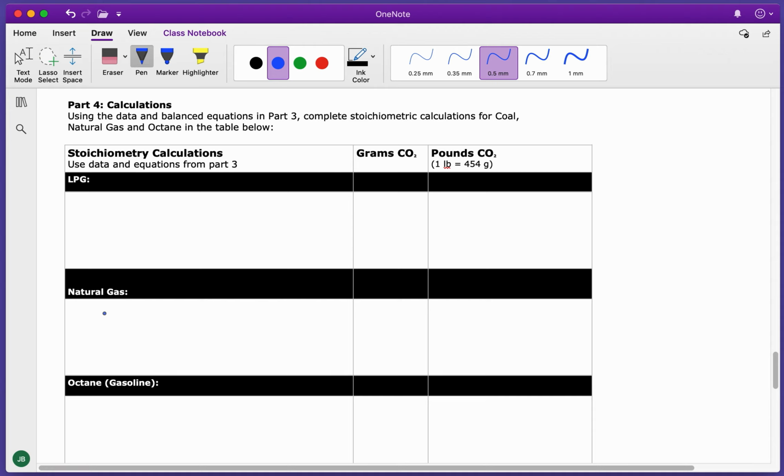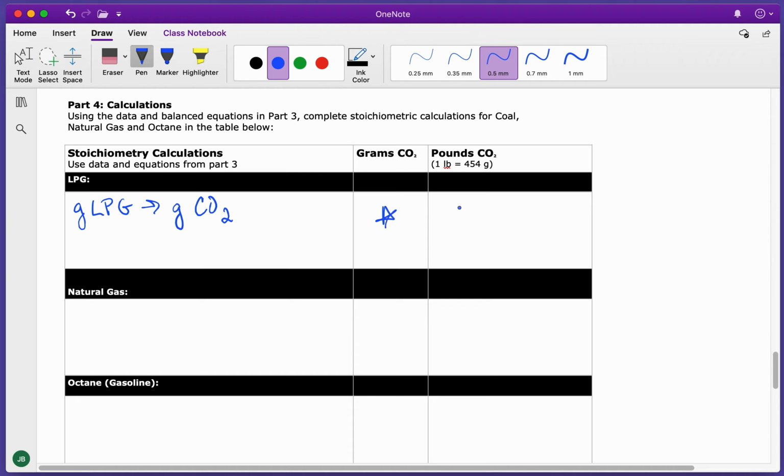Once you have that done, you are going to be doing calculations where, like in this first part, you're going to be going from grams of LPG to grams of CO2. Don't forget to use your balanced reaction so that you have the proper numbers in your mole ratios. You're going to write your answer here.